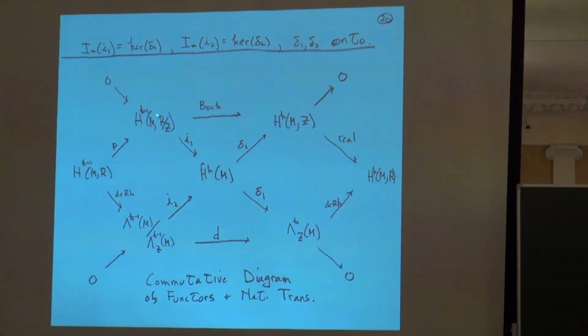How do you multiply any character by it? I have a character here, and some other character here, and I have one inside, which is actually an R mod Z cohomology class. And the answer is, you take the Bockstein of this guy, getting an integral class, and you cup that with delta 2 of the character, and you'll get another R mod Z class.